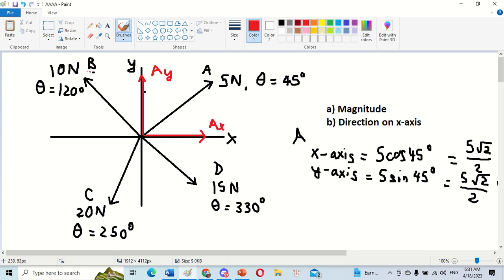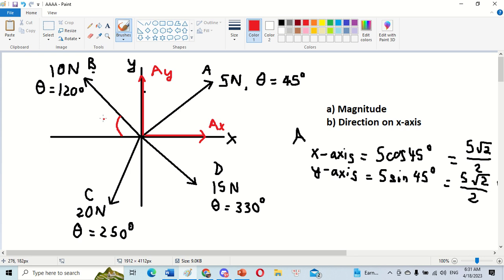Now let's go to vector B. We have 120 degrees, so this one will go like this. I want to select this angle here. We have 120 degrees, so we take 180 degrees minus 120 degrees, because the value of this angle is about 180 degrees.